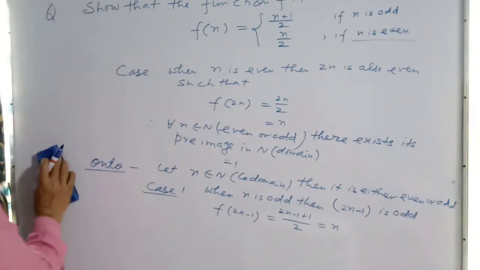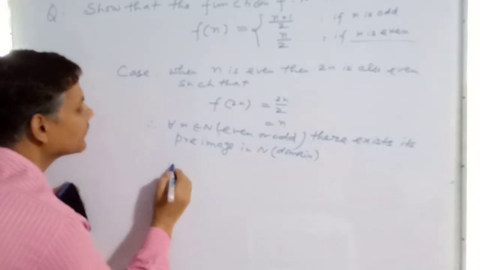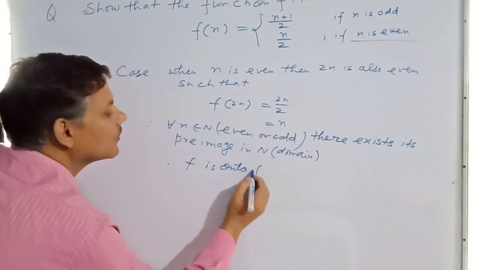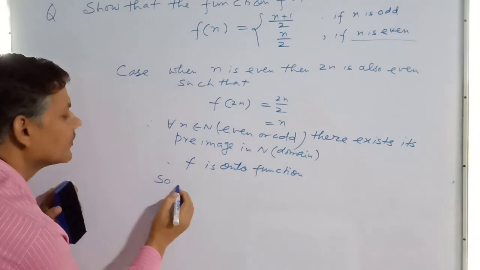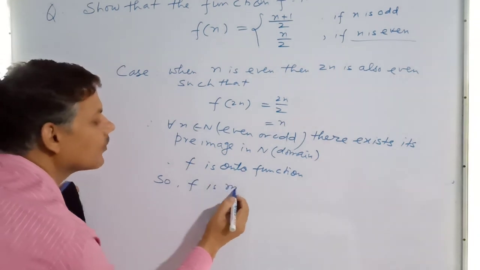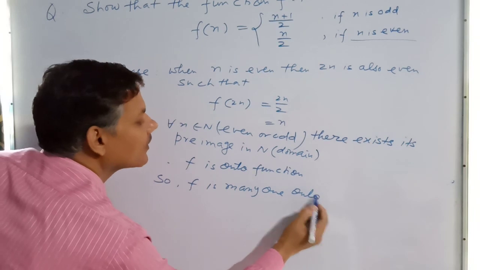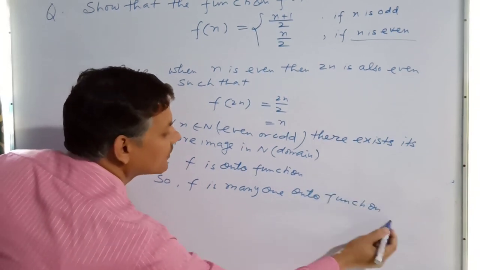And this is actually the criteria of onto function. Therefore, f is onto function. So f is many-one onto function. Okay.